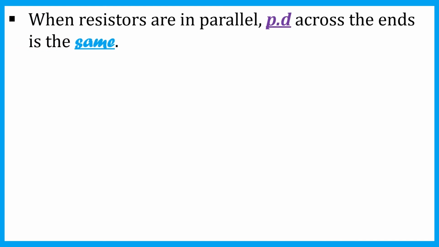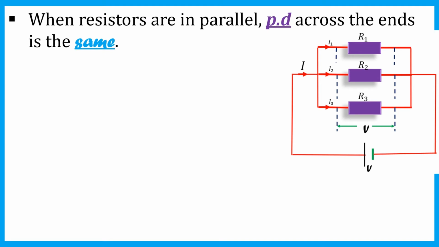At junction A, the current splits into I1, I2, and I3. But since these resistors are in parallel, the PD across each is the same: the PD across R3 is V, across R2 is V, and across R1 is V.